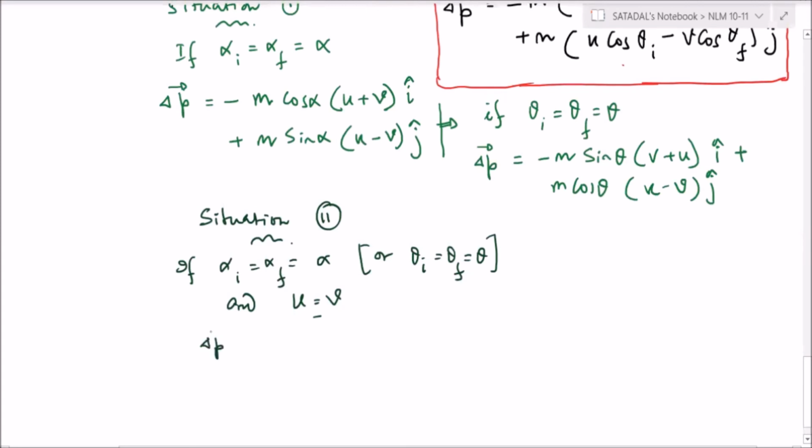Go back to the equation. Delta p vector will be minus 2mv cos alpha I cap, because the other factor will become 0 now. Or in terms of theta, delta p will be minus 2mv sin theta I cap.